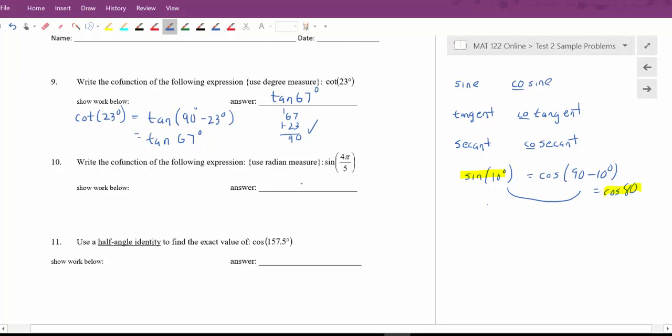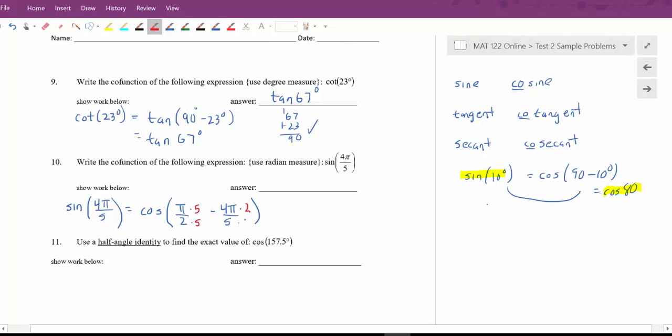The next one's radian measure. So if I give you the sine of 4 pi over 5, the cofunction of the sine is the cosine. Subtract it from pi over 2, because pi over 2 is the same as 90 degrees, but we want to work with radian measure on this problem. The common denominator between 2 and 5 is 10, so this needs to be multiplied by 5 over 5.